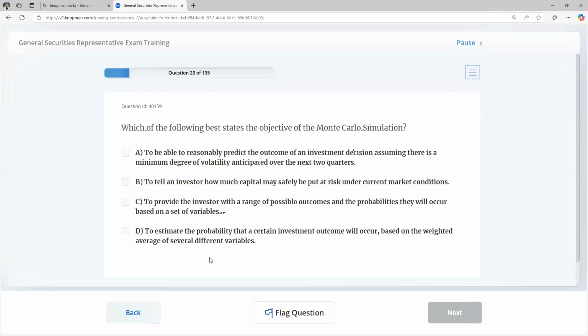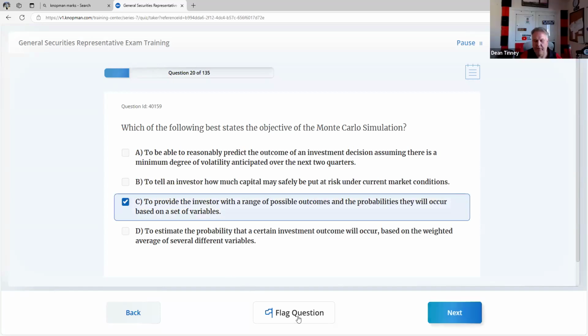I'm going to go C, and if I get it wrong... I think it's going to be D, just because it says to estimate the probability of possible outcomes and the probabilities they will occur based on weighted average.